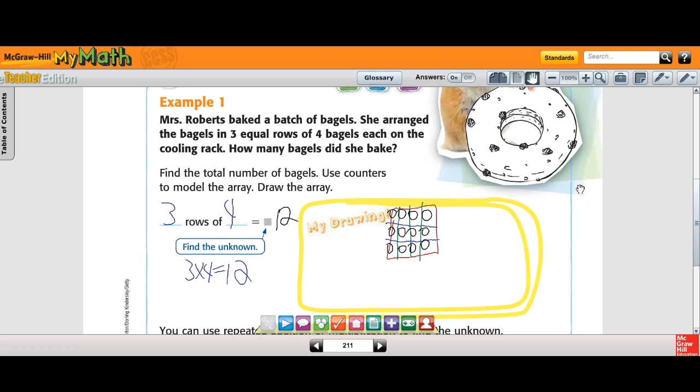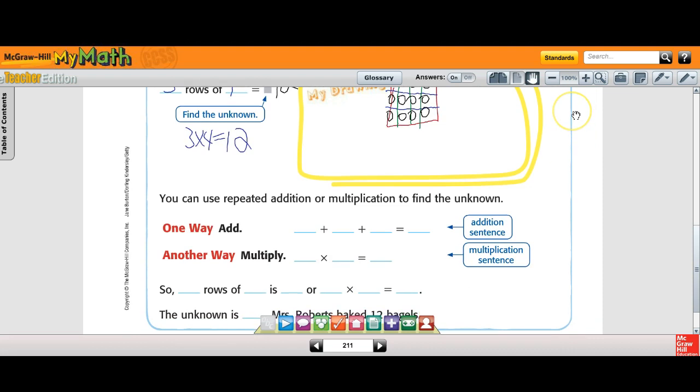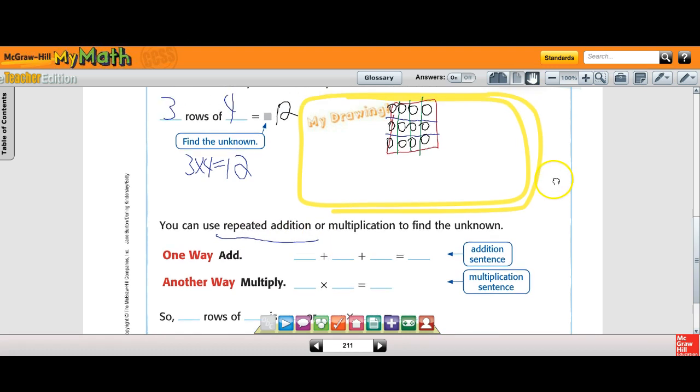We remember yesterday, what other strategy could we use? We used adding, but what's it called? Repeated addition. So how many in the first row? 4.